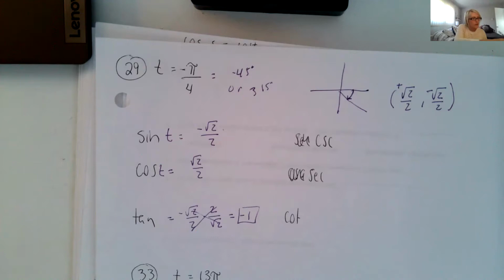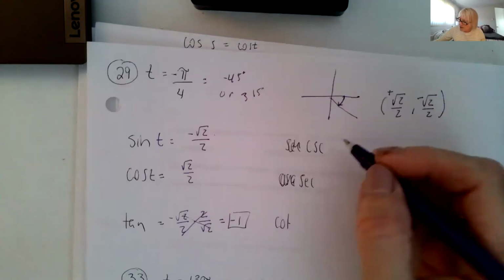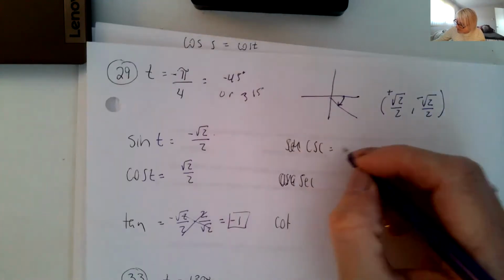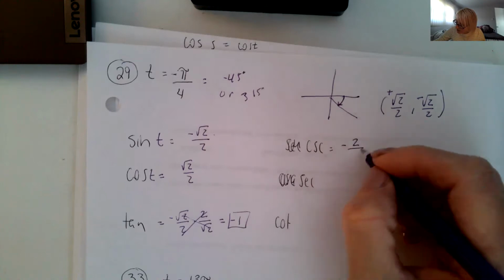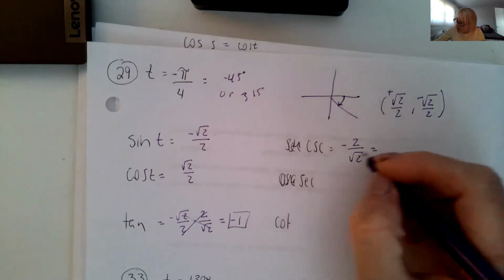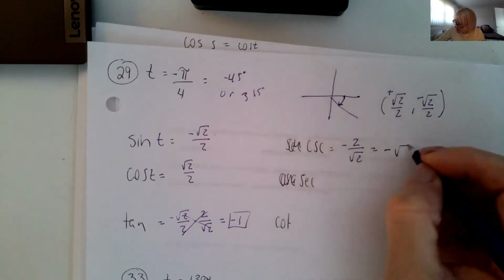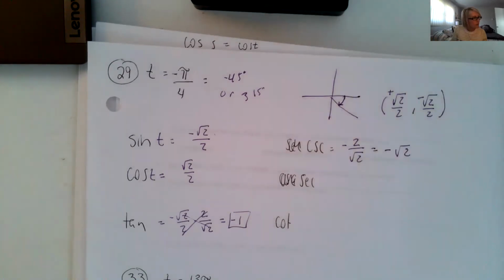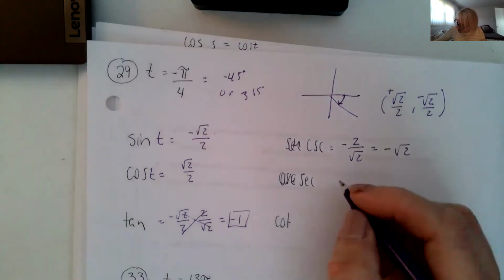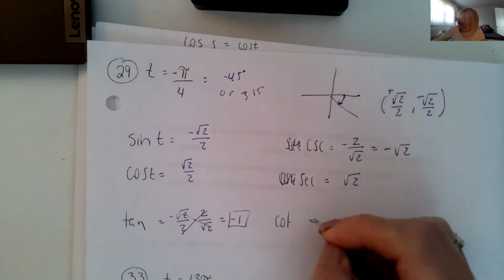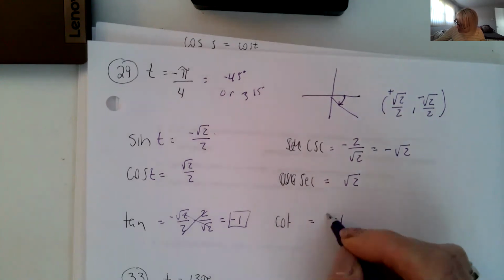Cosecant is the reciprocal of sine, so this is negative 2 over the square root of 2, which simplifies to negative square root of 2. And then secant is going to be a positive square root of 2. And then cotangent is just going to be negative 1.